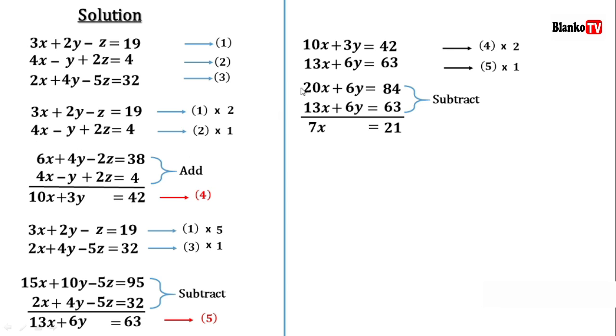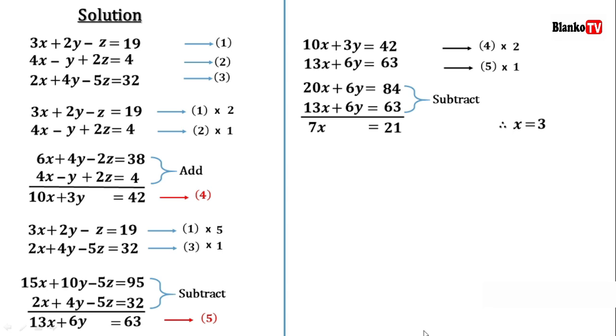That is 20x minus 13x will give us 7x. 6y minus 6y will give us 0, so y is cancelled out. Then 84 minus 63 will also give us what? 21. So therefore x is going to be 21 divided by 7, which is going to be 3. I hope you are following it.